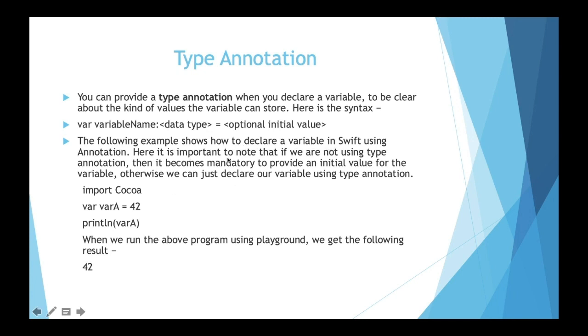It is important to note that if we are not using type annotation, then it becomes mandatory to provide an initial value for the variable. Otherwise, we can just declare our variable using type annotation. Meaning if we declare a variable without annotation, it is mandatory to give some value in it; otherwise you need to give its type annotation if you are not initializing a value, right?